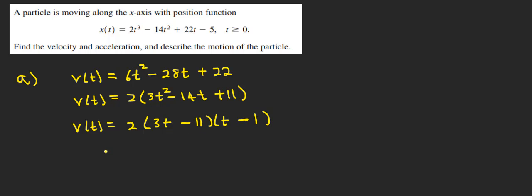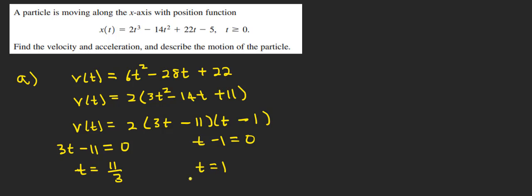So when is the velocity equal to 0? Velocity is equal to 0 when 3t minus 11 is 0 and t minus 1 is 0. Therefore, t is 11 over 3 and t is 1. So when t is 11 over 3 and t is 1, that's when the velocity will be 0.